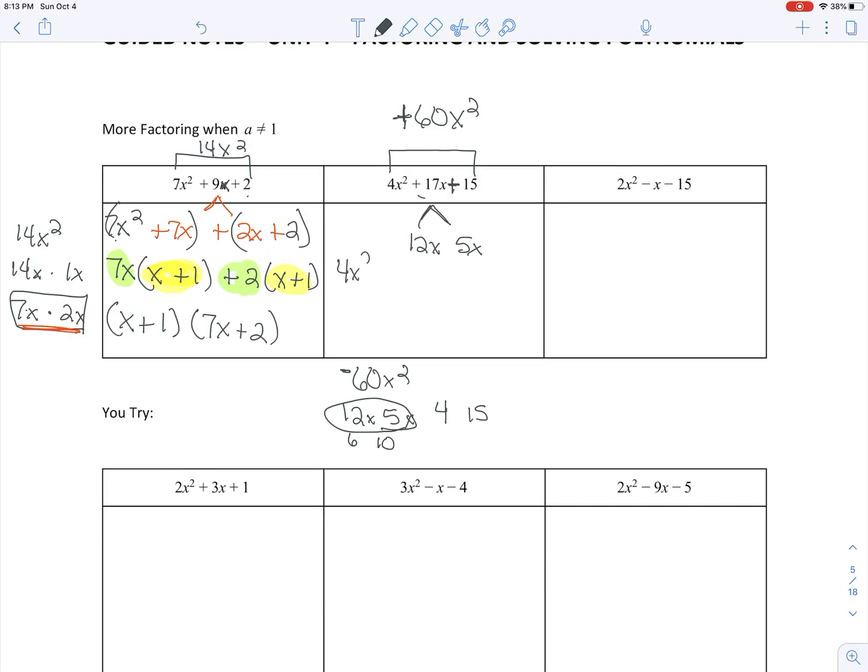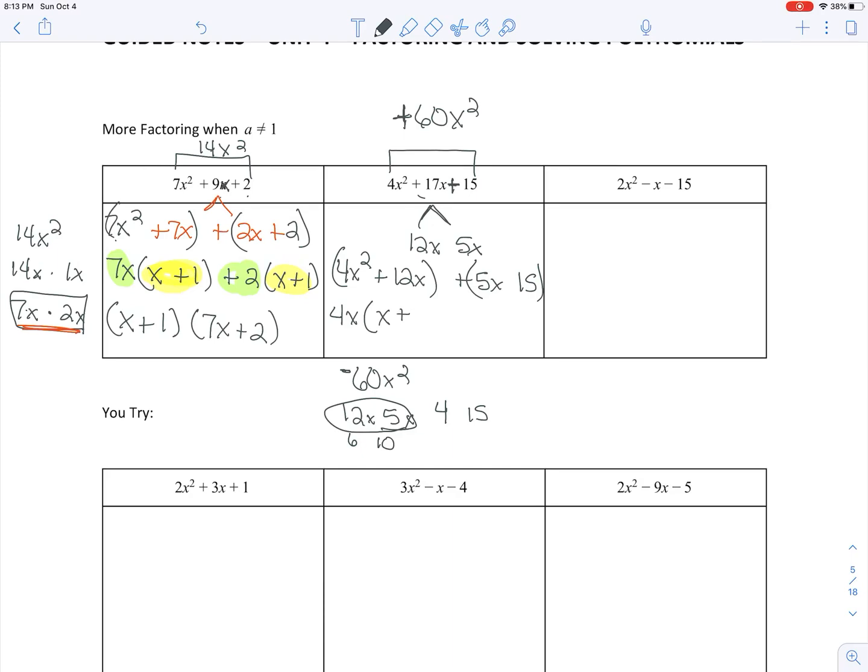So we have 4x squared, and we put our 15 on the outside, and then we rewrite 17x as 12x plus 5x. Okay, so my GCF here is 4x.